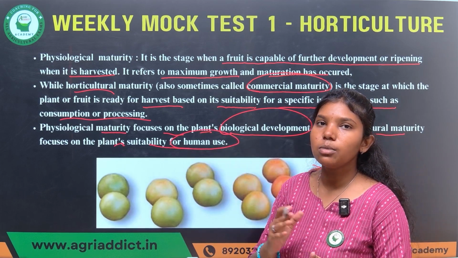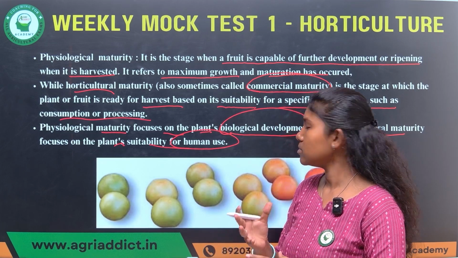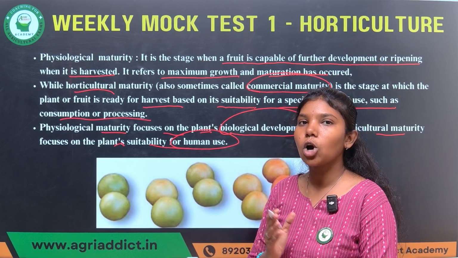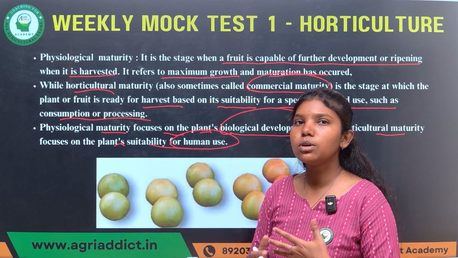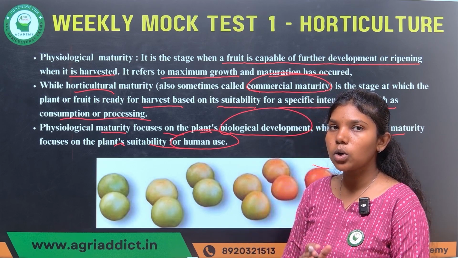Therefore, physiological maturity is considered only with the plant's biological development, whereas when it comes to horticultural maturity, consumer preference plays a major role in determining it. We'll go to the next question.